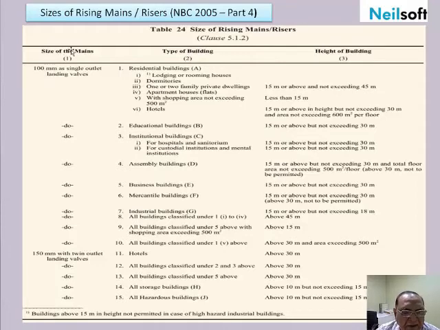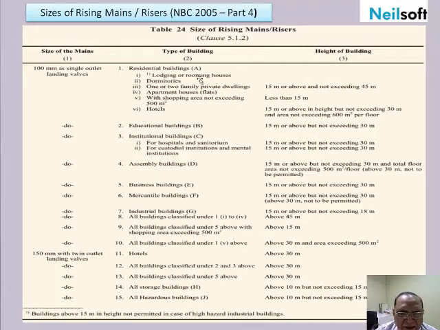Here we see the areas or occupancies which, as per this kind of category, will be requiring a 100 millimeter single outlet landing valve. Landing valve is the valve where the hydrants are coupled and used by the fire brigade or trained firefighters.